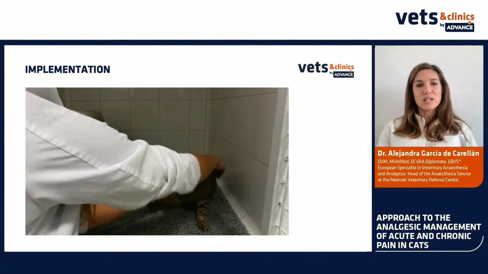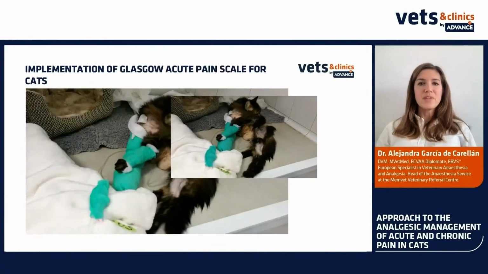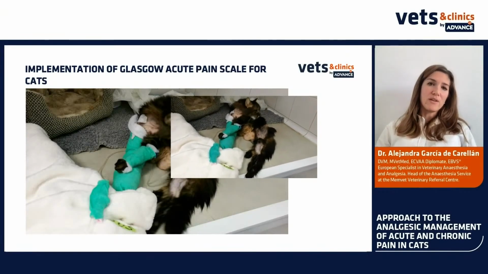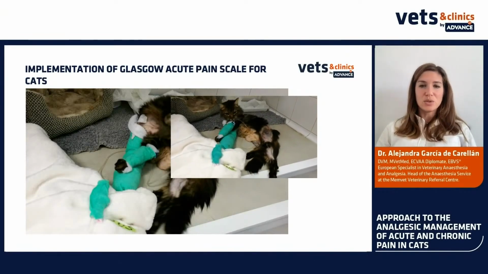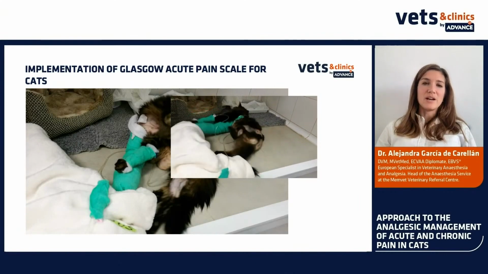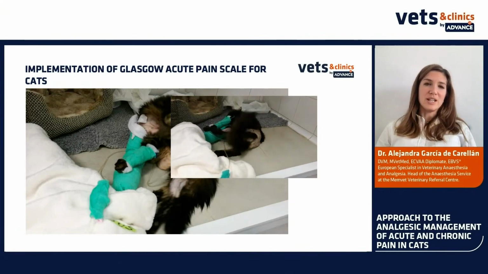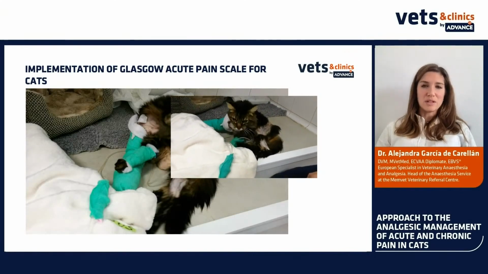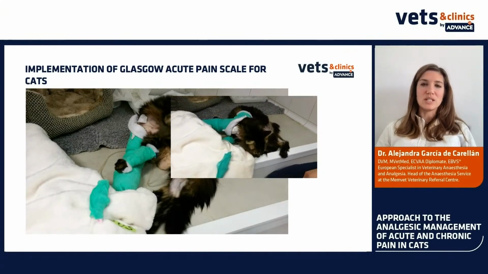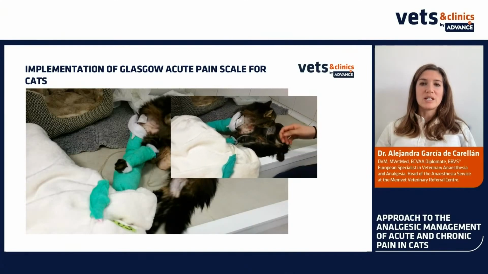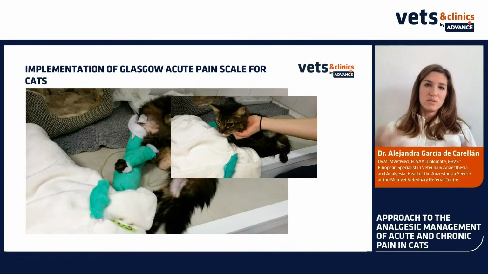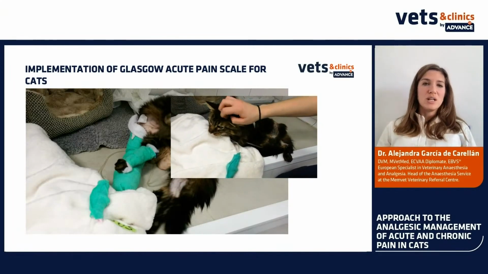This is an example of the interaction with the cat. And this is the cat from before, the one who fell from a high altitude. He had a fracture in the radius and ulna, which we bandaged, and he wasn't happy with the bandage, but as you can see, he is happy to interact with us. His ears are now in a more normal position.